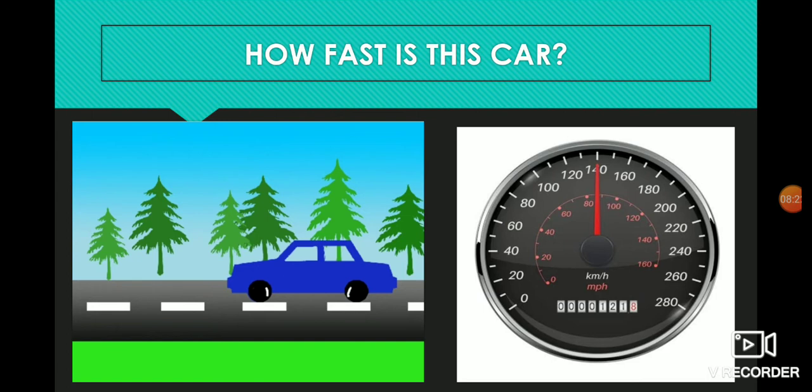Can you see the dials with markings of 0, 20 to 180? That tells you the speed. What is the speed of the car now? Where is the red needle pointing? It is pointing at 140 kilometers. So it means that this car is moving with a speed of 140 kilometers per hour.